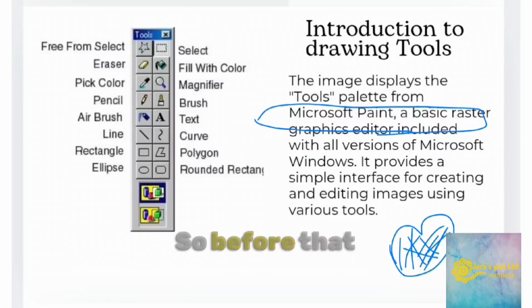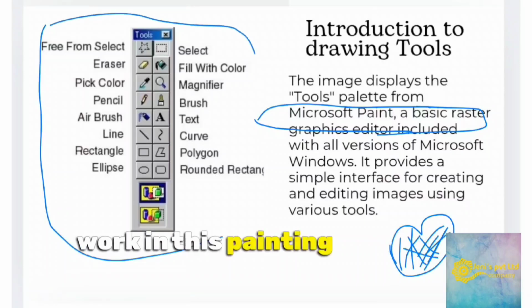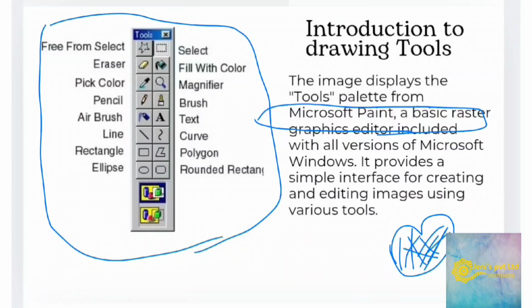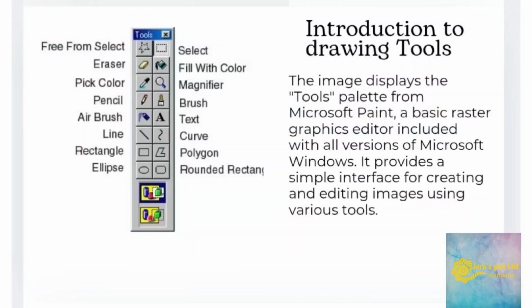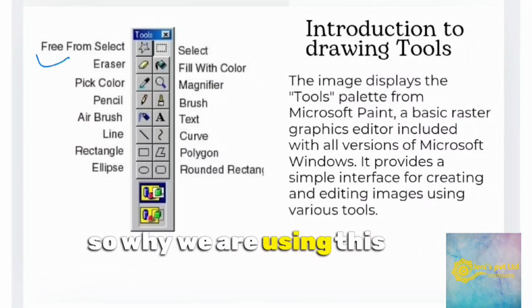Before doing work in this painting software, we should know about these tools. First one is the freeform select tool. Why are we using this tool? Here you can see this star symbol, the freeform tool.